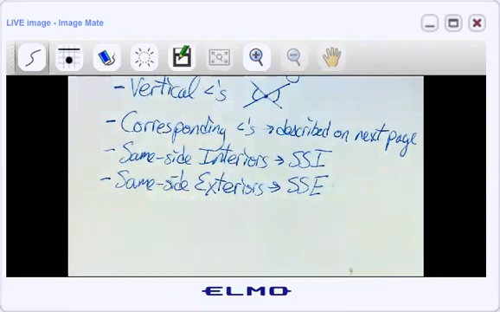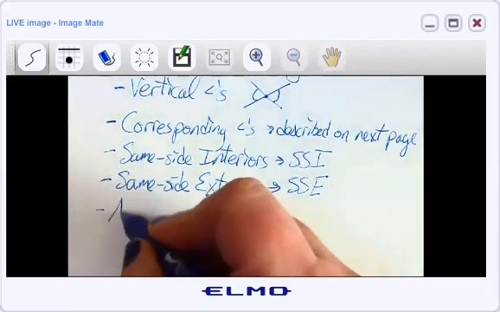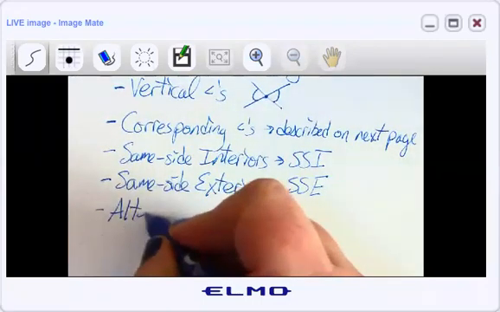The next one, check this out. This is now going to be alternate interior, or AI, and I bet you could figure out what the last one is if you sort of, oh, did my camera freeze? Looks like it.